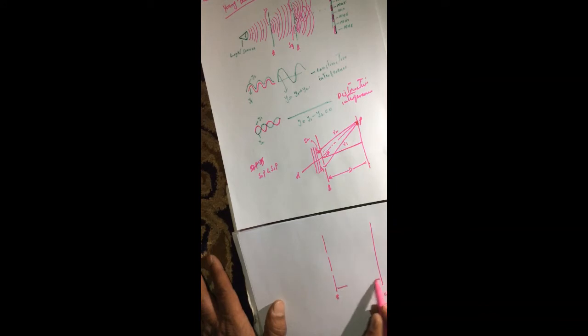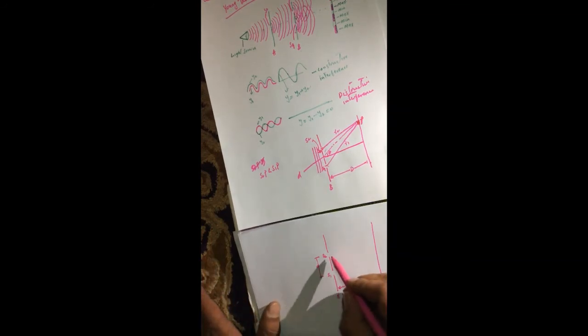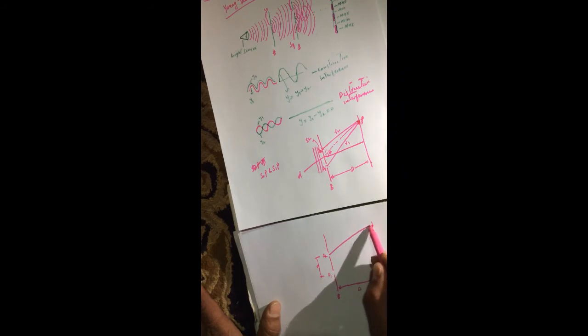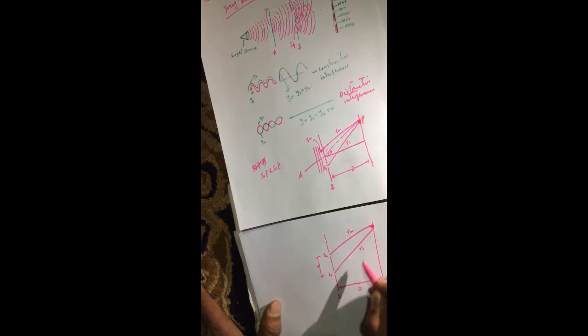I suppose the distance between the slit and the screen is D, and I consider the distance between slit S2 and S1 to be small d. And I suppose that we have a point P here, a ray coming from slit S2 meets point P, and similarly a ray coming from S1 meets point P. I call this ray R2 and this ray R1.